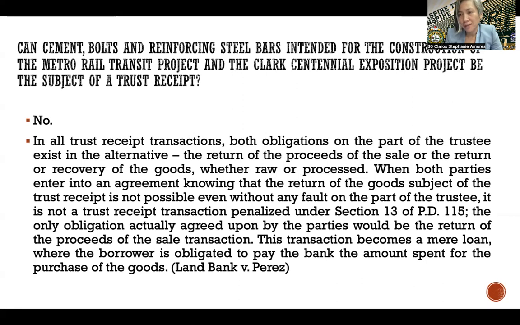So when both parties enter into an agreement, knowing that it is impossible to return the goods subject of the trust receipt, it's not legally possible anymore. It has already been transformed, or it has already been affixed into real property.